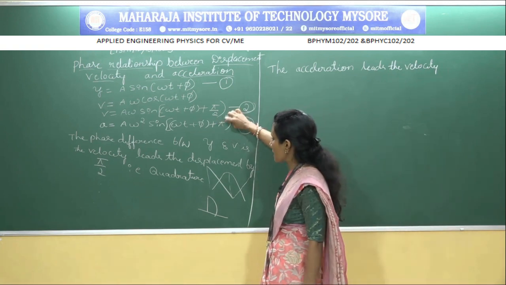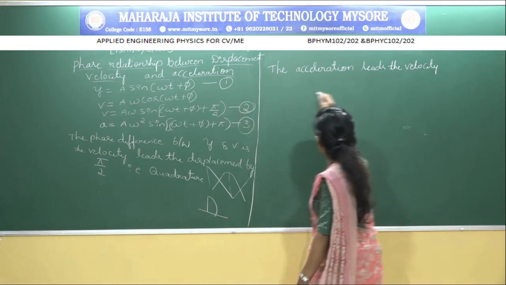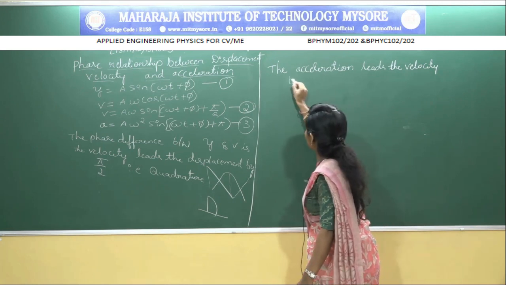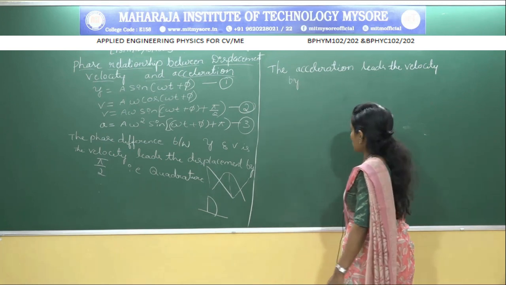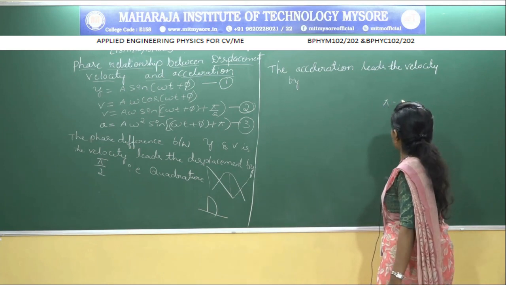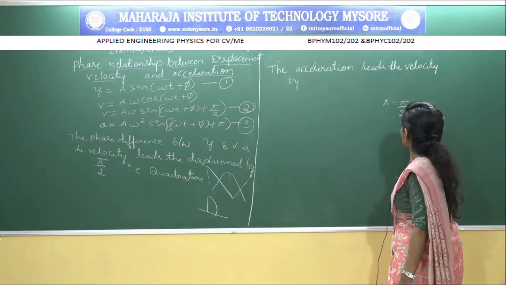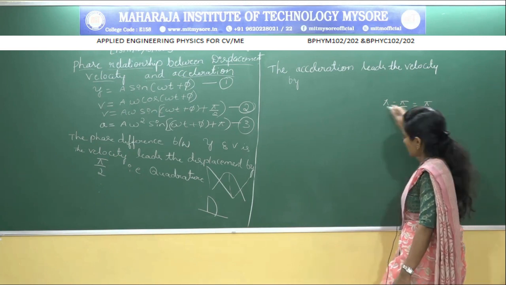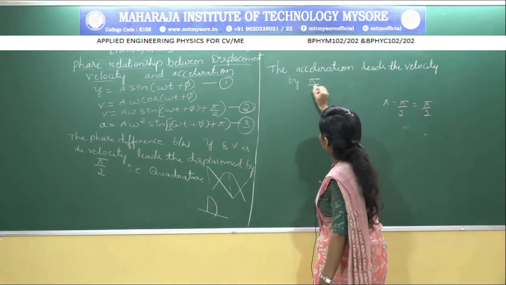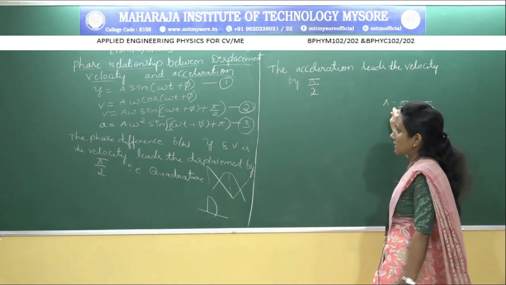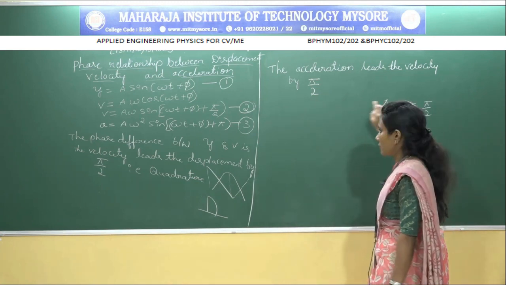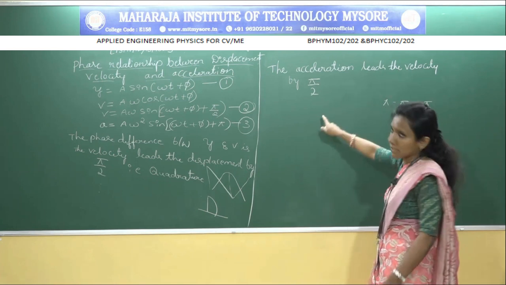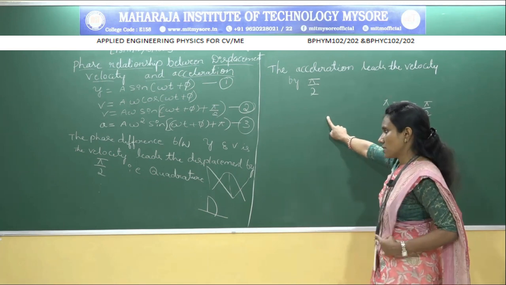What is the phase difference between the acceleration and velocity? What we got is pi minus pi by 2, right. So that is pi by 2, so it leads by pi by 2. The phase difference between the acceleration and velocity is pi by 2. So that's why we can say that acceleration leads the velocity by pi by 2.